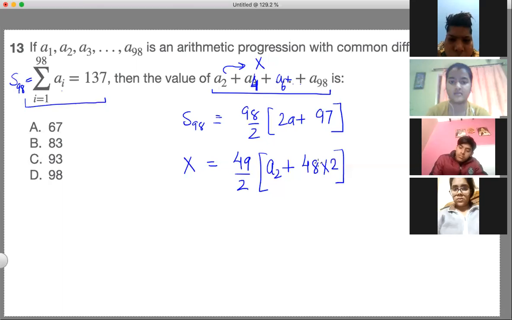हमें ये निकालना है. अब A2 को हम A1 की टर्म्स में लिख सकते हैं. A2 क्या है? A1 plus 1. So we will get 49 by 2, sorry, 2A2 होना चाहिए था, 2A1 plus 1 plus 96.